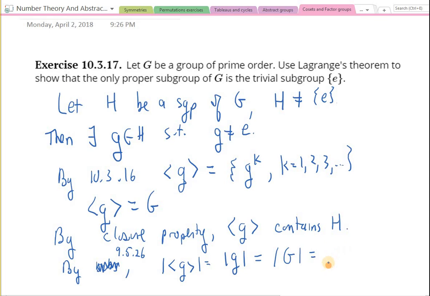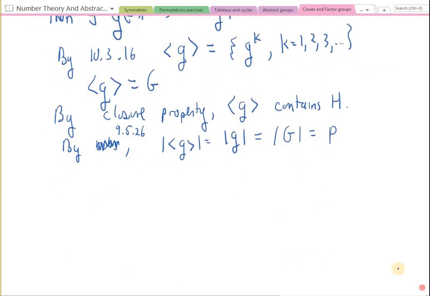Order of big G equals what? Equals H? Equals p. Okay. So what's your conclusion?